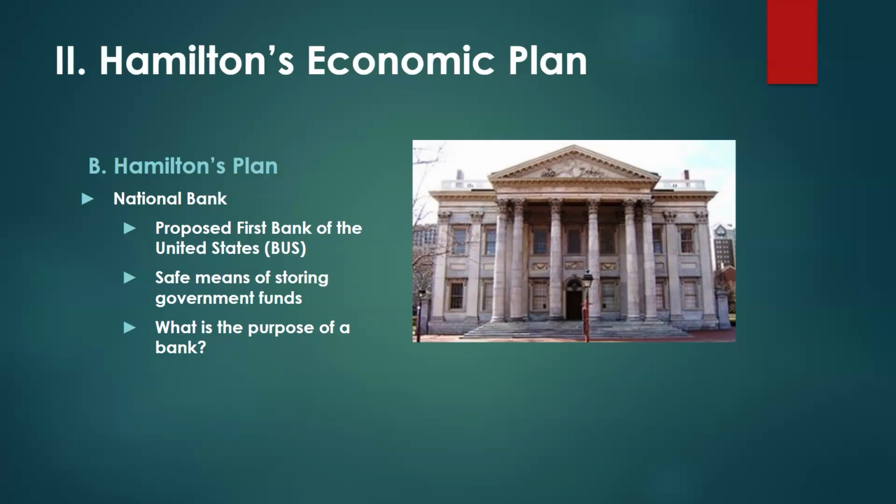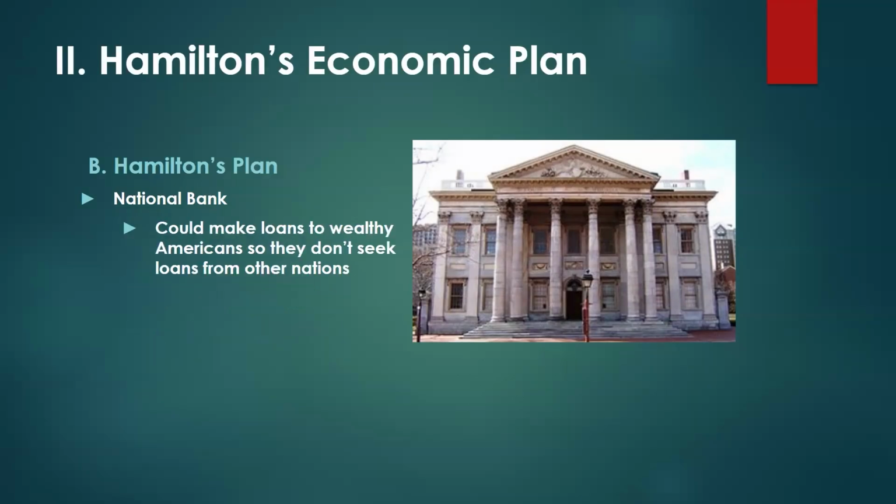They're really businesses who function off of loaning money, and they get a profit by charging interest on the loans that they give out. So Hamilton's thinking that in addition to helping the federal government out, this national bank could also make loans to the wealthy, so that they're not seeking loans from other nations. All right, they're seeking loans from this American-owned bank, this government-owned bank.